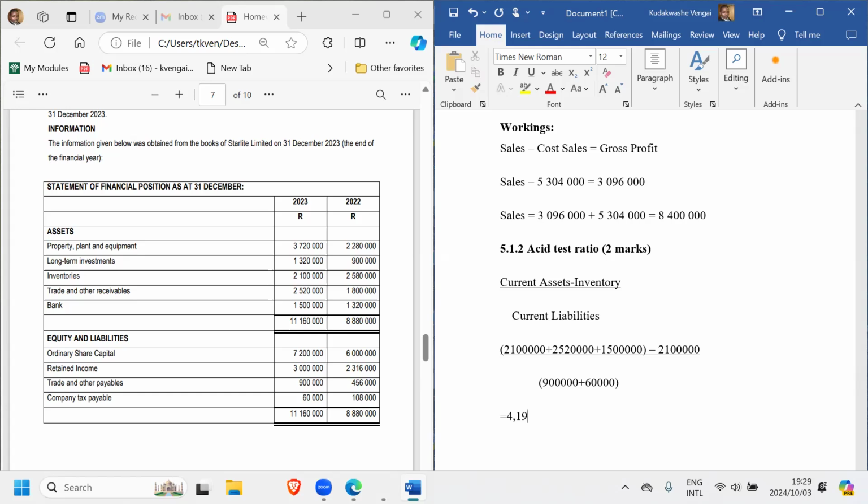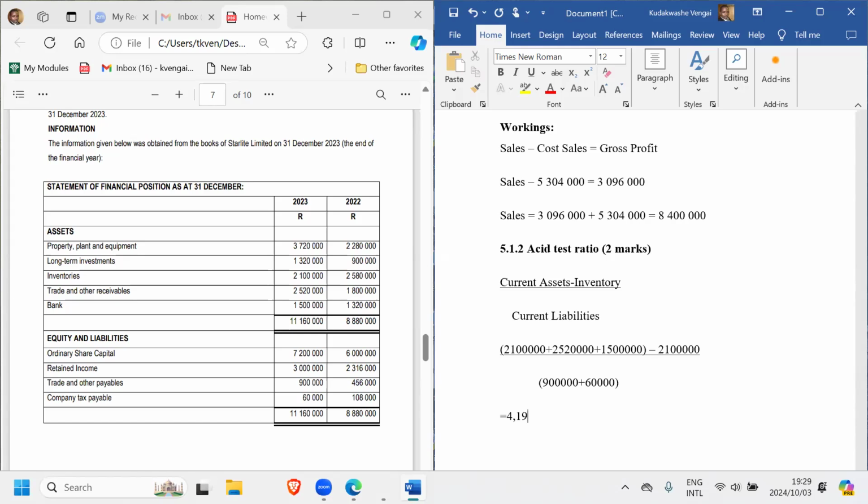So that's our ratio there. 4.19 is our acid test ratio. It's a very high ratio. Just double checking if I did it correctly. Okay, it's fine. So that's our acid test ratio.